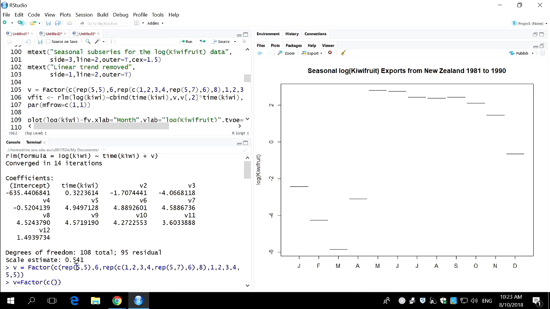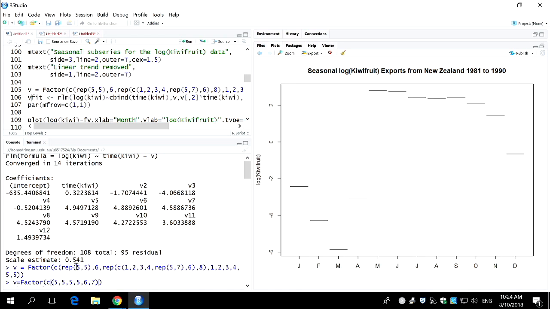So now my factor, instead of looking like 1, 2, 3, 4, 5, 6, 7, 8, 9, 10, 11, 12 months, looks like 1, 2, 3, 4, 5, 5, 5, 5, 5, 5, 6, 7. So July is 5. What's after July? August, 5. September, 5. October, 5. November, 6. December, 7.